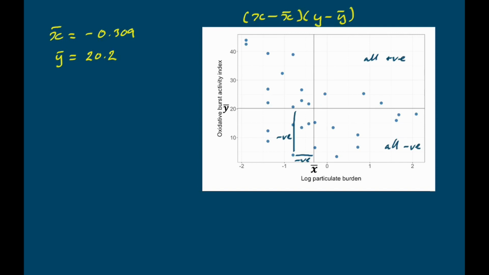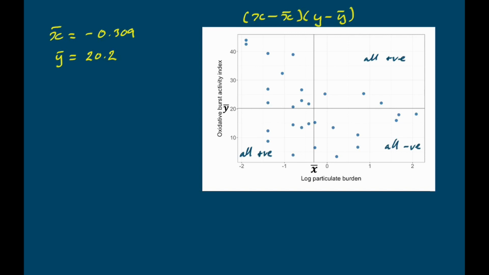So both of those will give a negative result if you subtract the mean from them, and then if you multiply those two values together, you're going to get a positive number, because a negative value times a negative value is of course a positive number. So all the values in this bottom left quadrant of the graph are going to give you a positive product when you multiply those two quantities together.